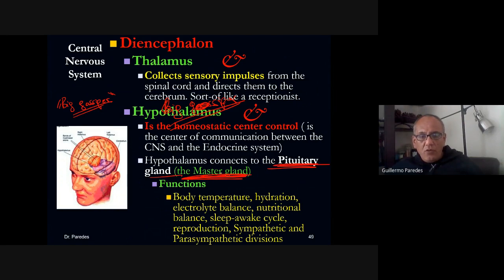Don't get confused: the master gland is not the hypothalamus. The hypothalamus is above the pituitary gland. The nervous system, the hypothalamus, works hand in hand with the endocrine system, the pituitary gland or master gland. Question for the exam: master gland.